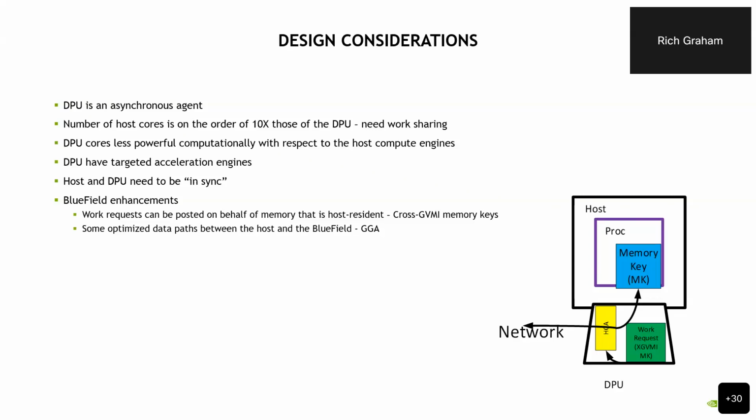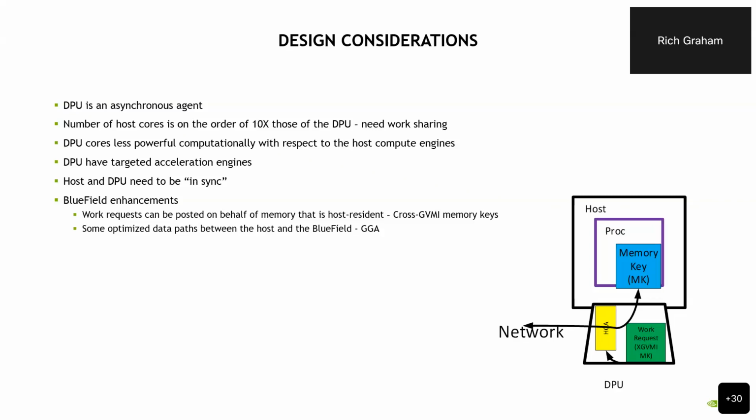BlueField-2 has 8 ARM cores. A lot of servers today have 64, 128, or even more cores that can generate traffic on the host, and so you have a smaller number of computational engines supporting the collective on the DPU side, and so you need to make sure that when you design your algorithm, you take that into account.